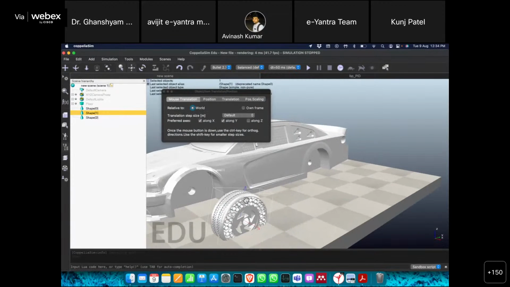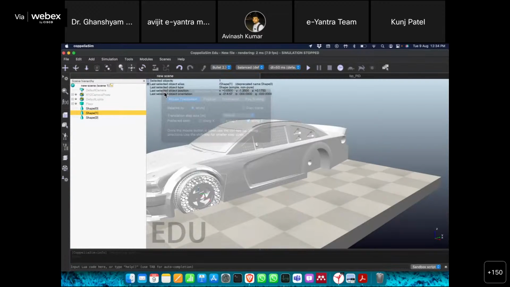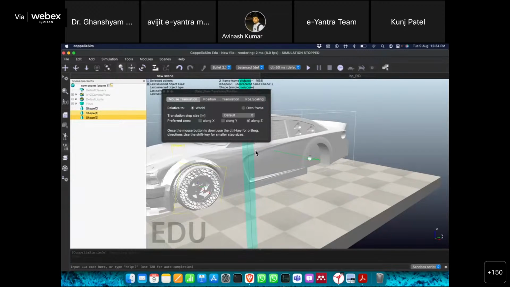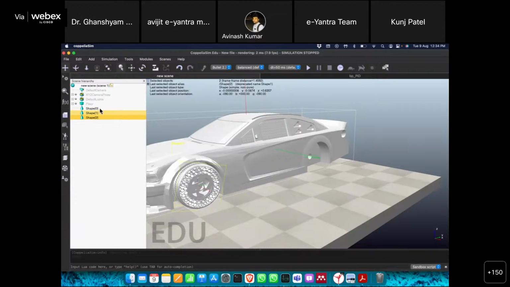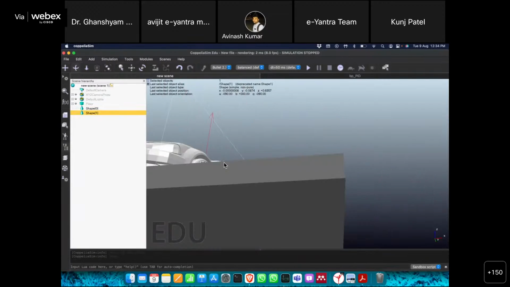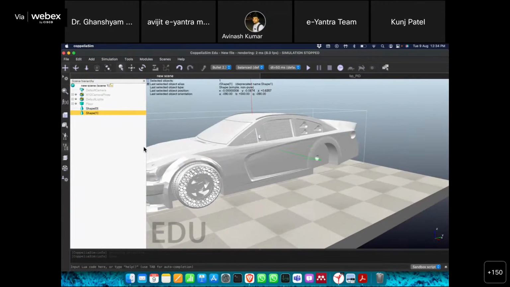Let's move this a little up. There you go, like this. So you can see that I have these two shapes, but I have not made any hierarchies.